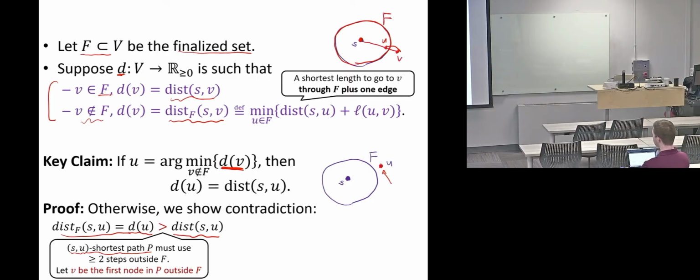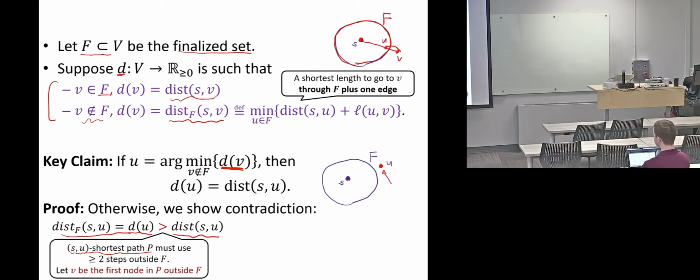My claim is that this guy, U, not finalized but with minimum estimate, is already the same as the real distance. That's the claim. Is the statement clear to you? Yeah, I think so. Okay.